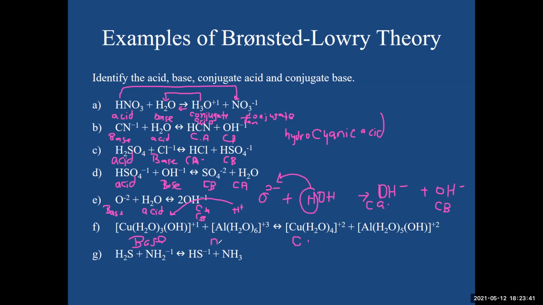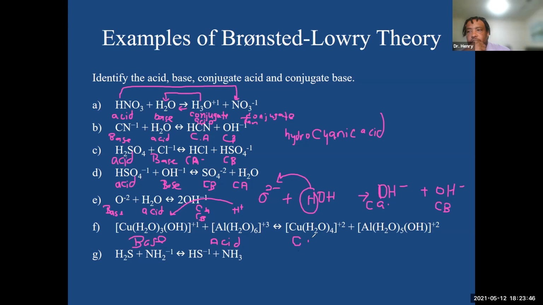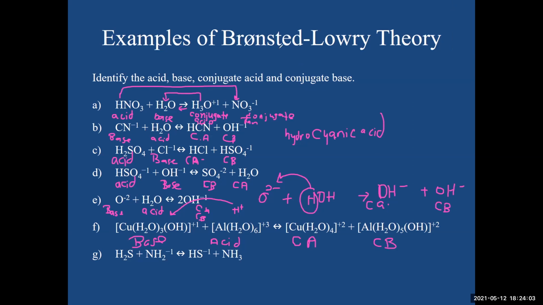So this is going to be your acid. And this one is going to be my conjugate acid, because now it has that extra H plus, making it complete. And then this one is going to be your conjugate base. Can you see that? Yeah.